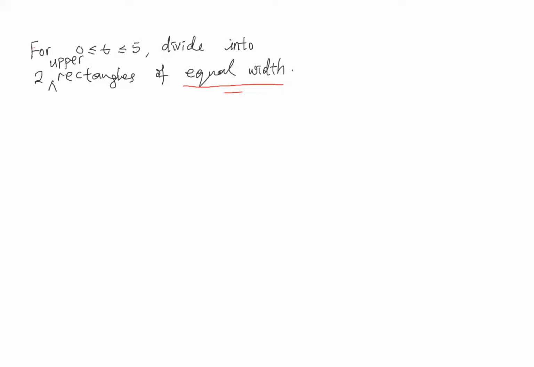This is something that you have to take note of. So now, if I divide this into two rectangles of equal width, first of all, I have to know the width of the rectangles first. So how to get the width of the rectangle?